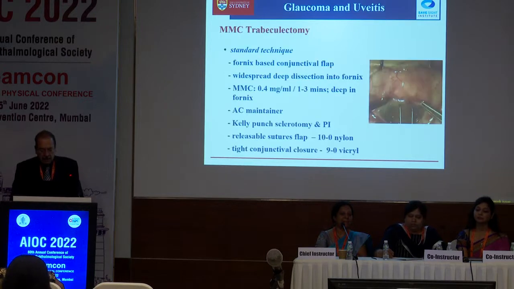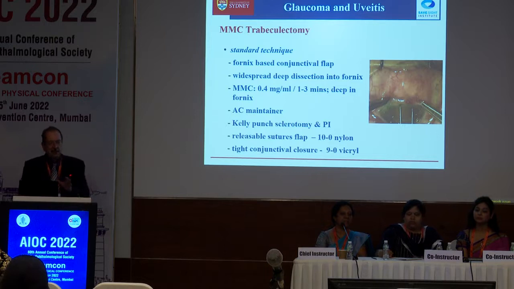So coming on to the standard mitomycin C trabeculectomy, I use a fornix-based flap, and really the key is to apply the sponge with mitomycin C, very often a Weck-Cel, for about 1 to 3 minutes in the fornix as well as on the sclera.